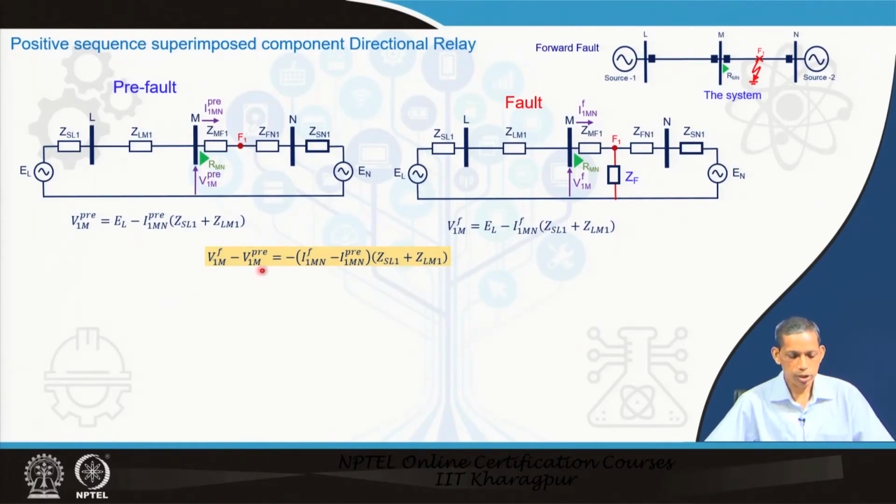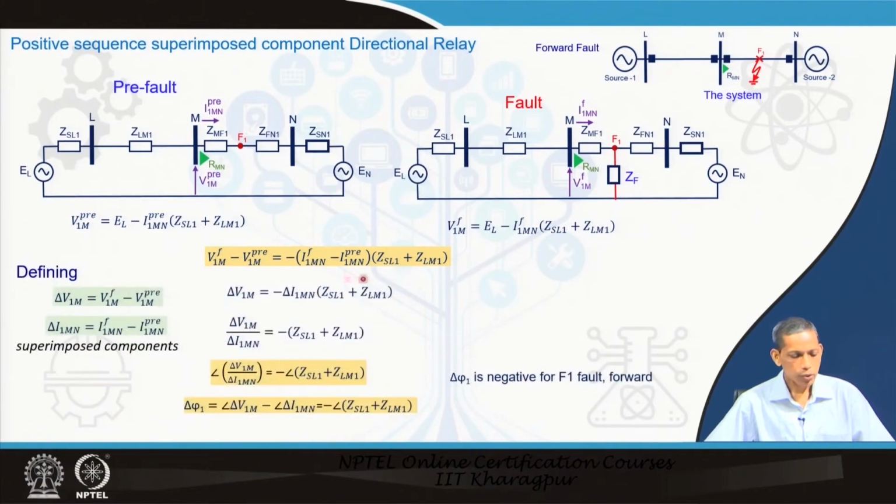If you subtract this V1M pre from this V1MF, then on this side, this equation minus this equation leads to minus the fault current minus the pre-fault current, times the impedance behind the relay.